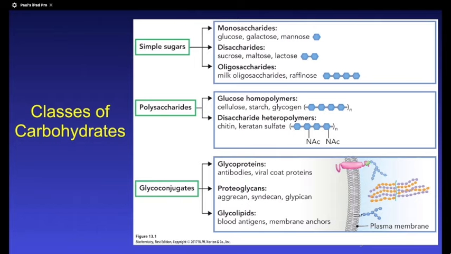Both of these can either be energy storage or can be structural in nature. And then we have glycoconjugates, and that means I have a sugar attached to something and they will do different things. And so the glycoconjugates are maybe a little bit more interesting in terms of function.